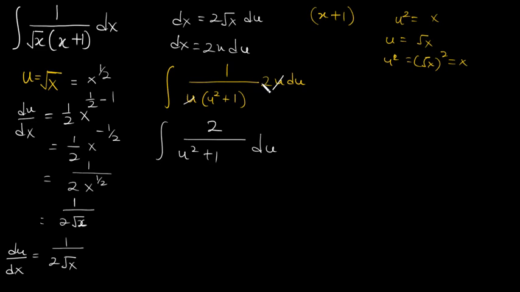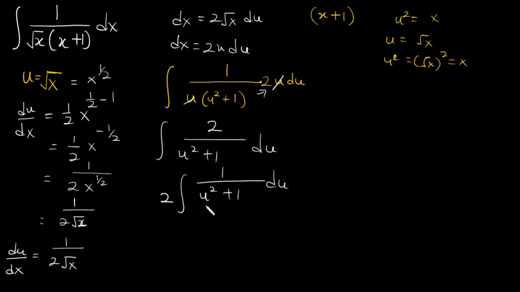But you see this 2 was multiplying this one here, so I can write it as 2 multiplying the integral of 1 over u squared plus 1 du. I can write it this way before integrating. As soon as you get here, you just bring your 2 to the left side of the integral symbol.